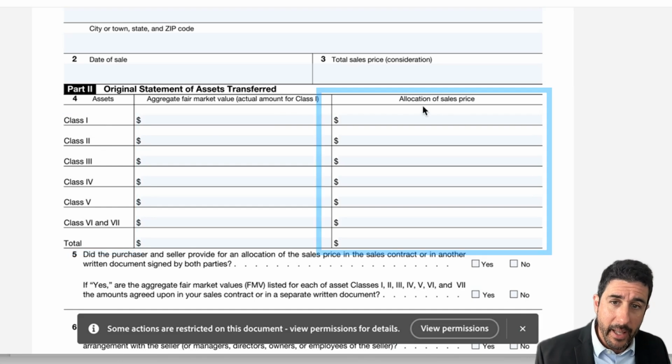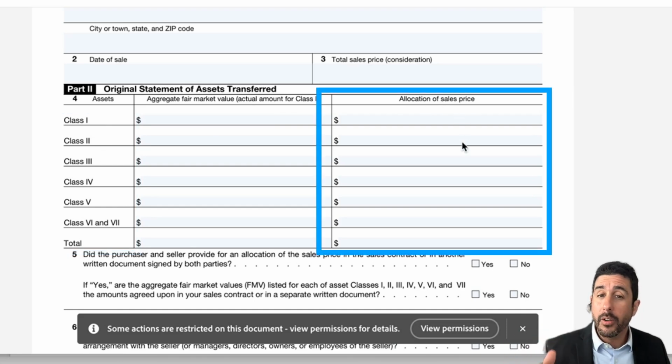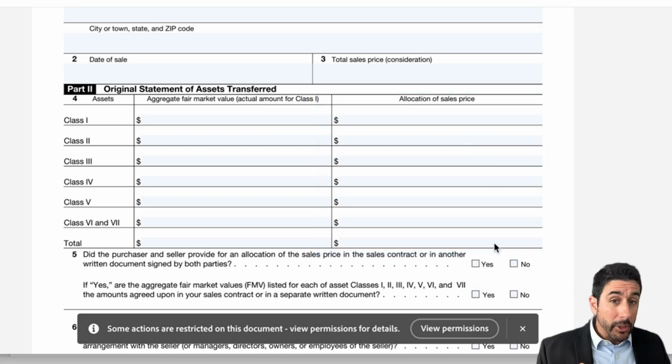But look at this, allocation of sales price. This is where all those dollars go. This is how that 475K is called $500,000. That's how it's spread out across these different classes. This is being recorded in 2024. Close the deal this year, sometime in March, April of 2025, buyer and owner are going to file this same form.